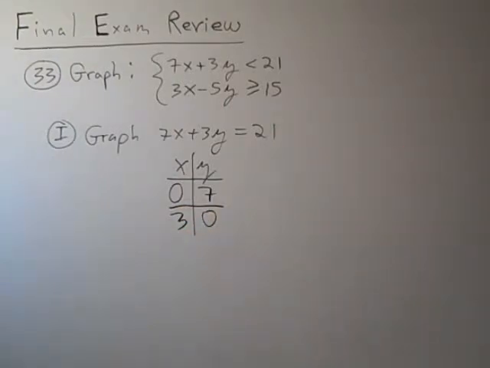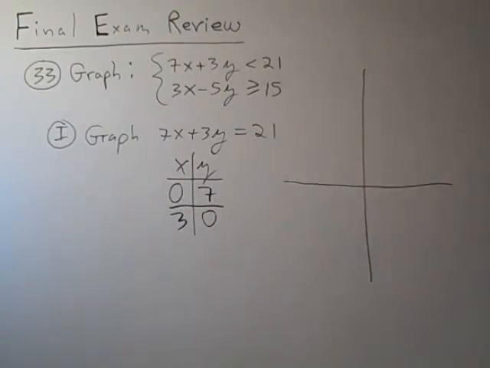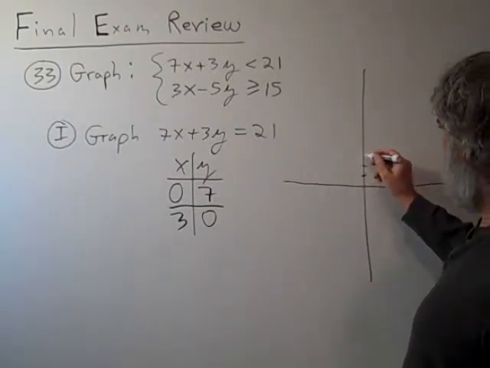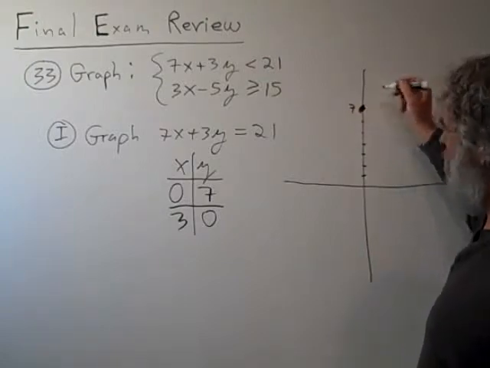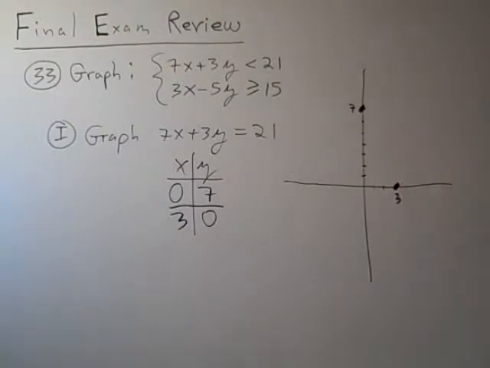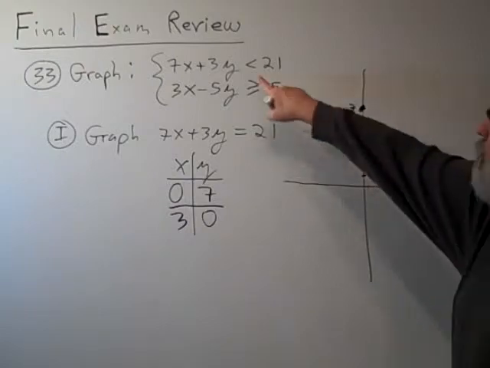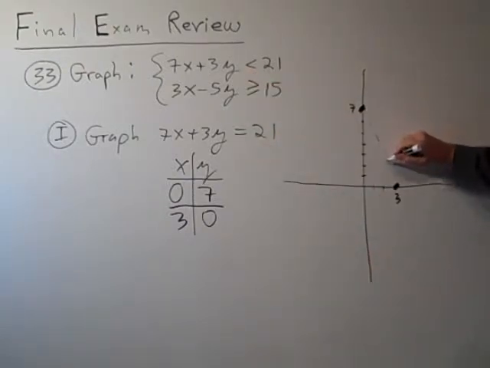So with those 2 points, we can graph that line. Y is 7. That's the y-intercept. And x is 3. That's the x-intercept. So this line, which will be a dashed line, goes through these 2 points.